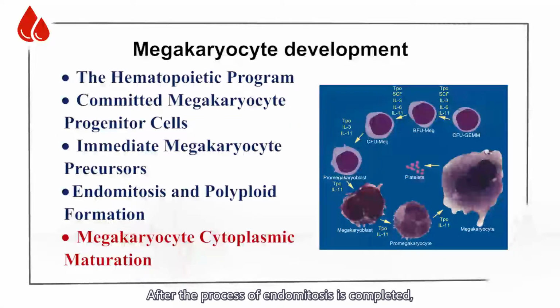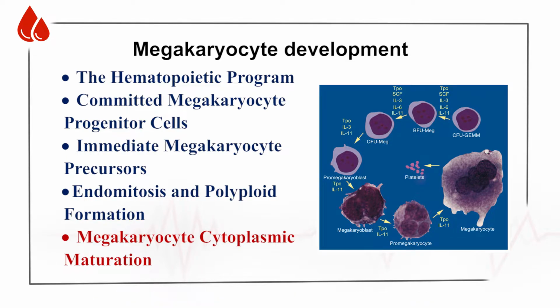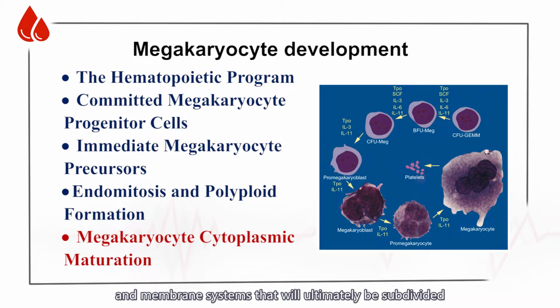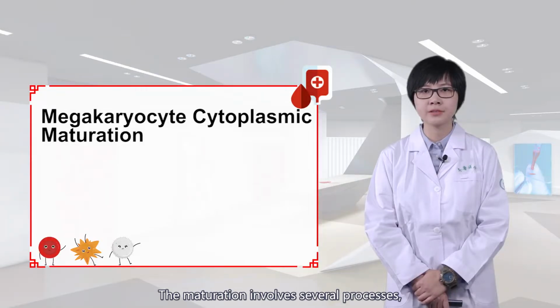After the process of endomitosis is completed, the megakaryocyte begins a maturation stage in which the cytoplasm rapidly fills with platelet-specific proteins, organelles, and membrane systems that will ultimately be subdivided and packaged into platelets. The maturation involves several processes.